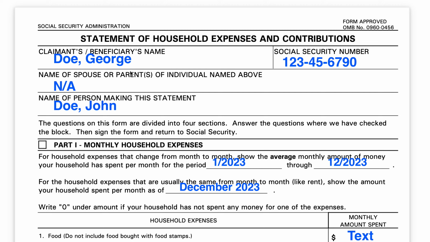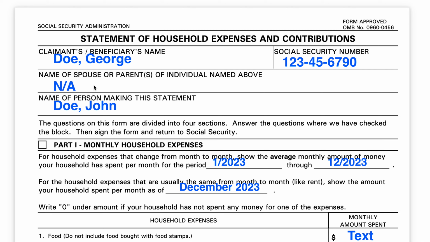So if you are completing this form on behalf of an eligible child or a spouse who is not able to complete this form on his or her own, you would put that person's spouse or their parents. If this were baby George Doe, then you would put one of George Doe's parents here.